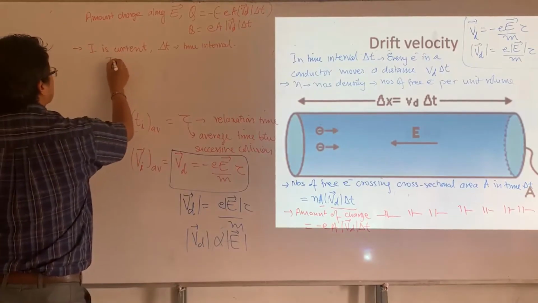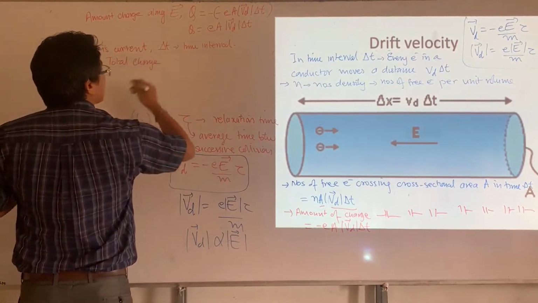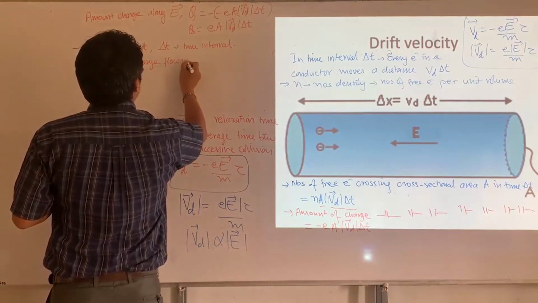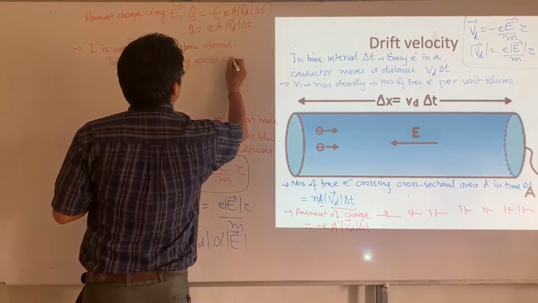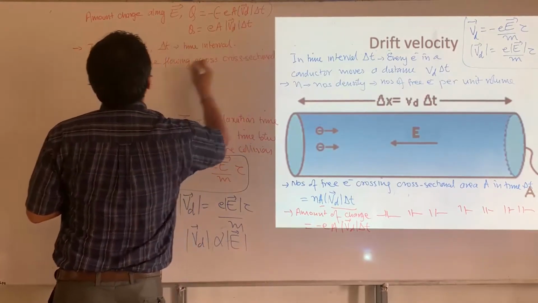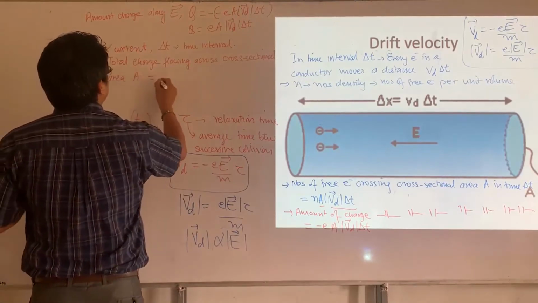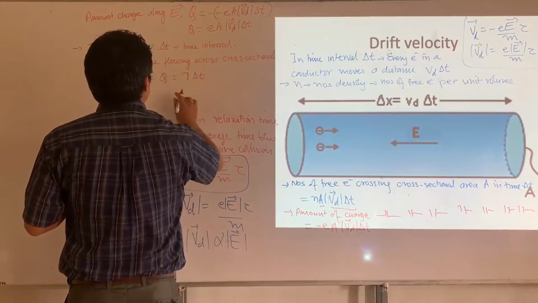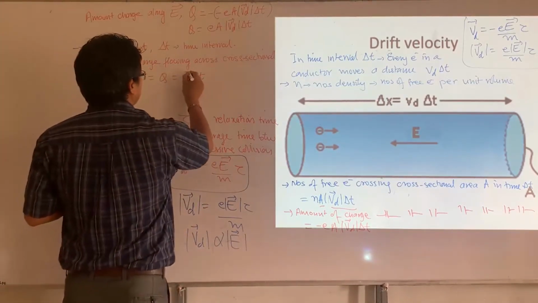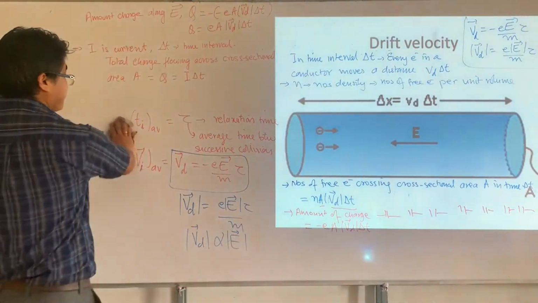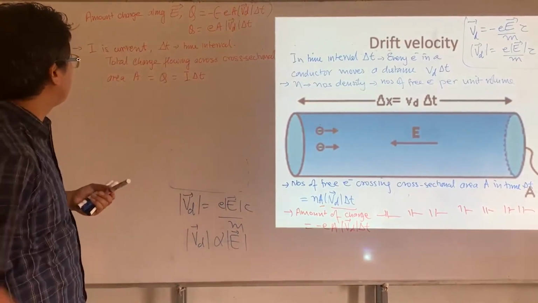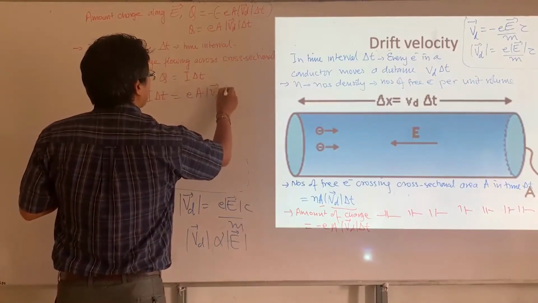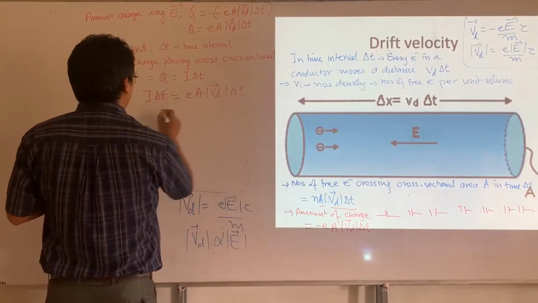Then the total charge flowing across a cross-sectional area A would be I delta T. So now this I delta T is equal to e A Vd delta T. So delta T cancels out.